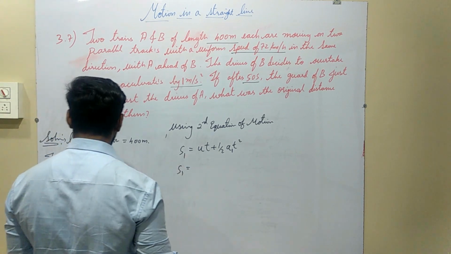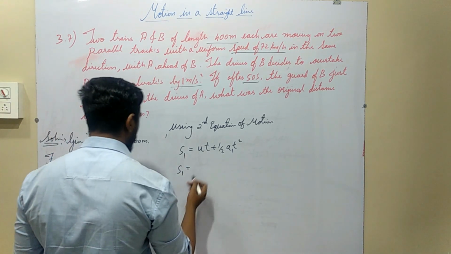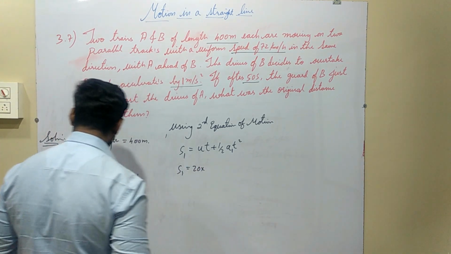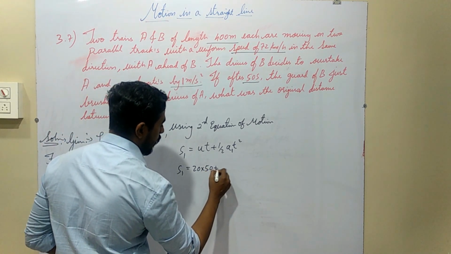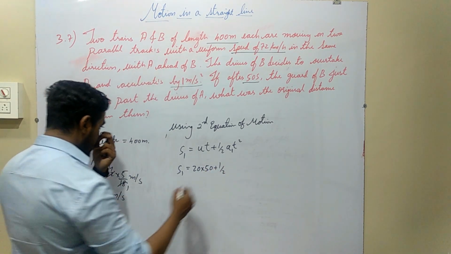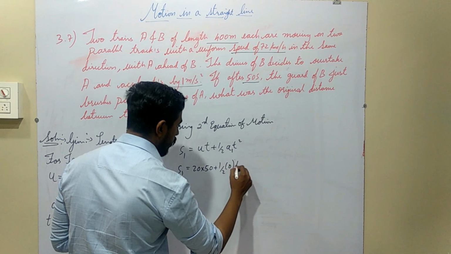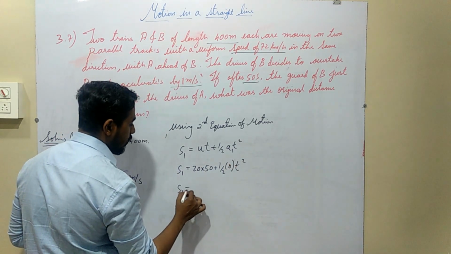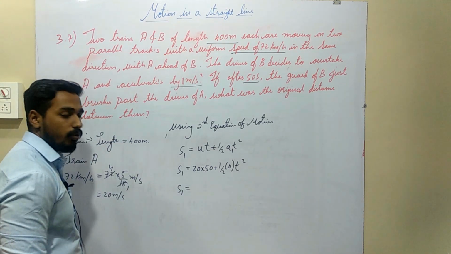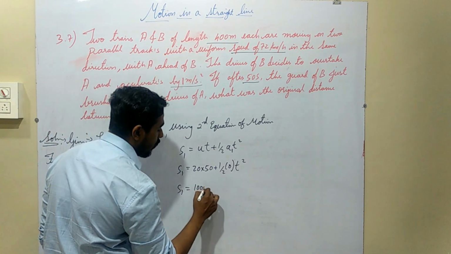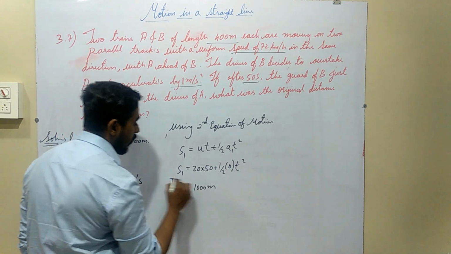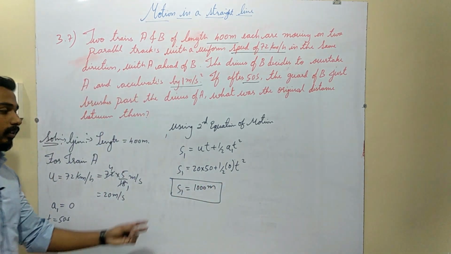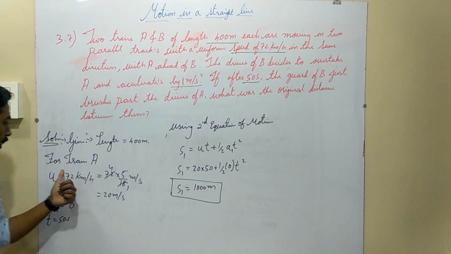S1 is equal to u value is 20 into time is 50 seconds plus half, a value is 0, into t square. So this complete term becomes 0. Therefore S1 is equal to 20 into 50 is 1000 meters. Now we got the distance traveled by train A.